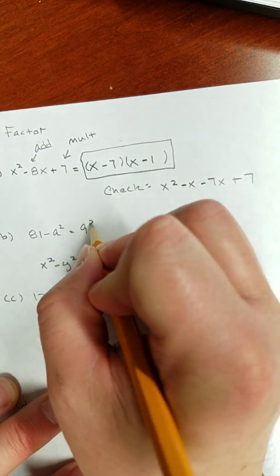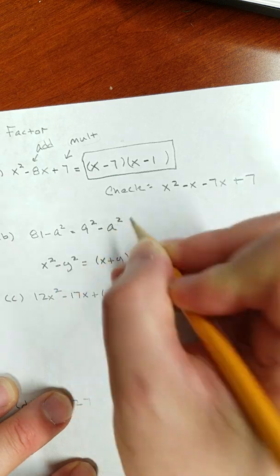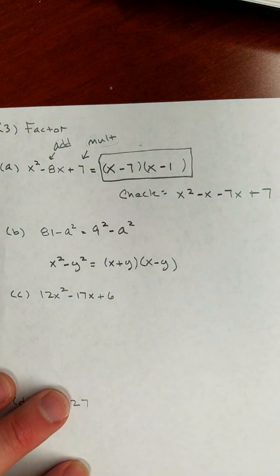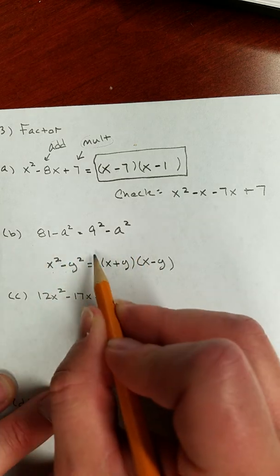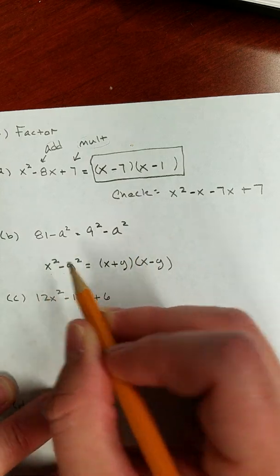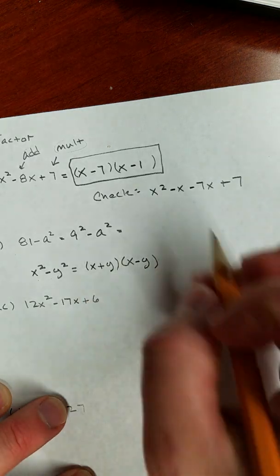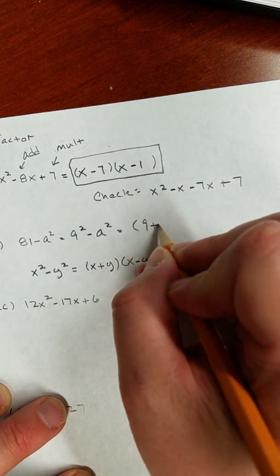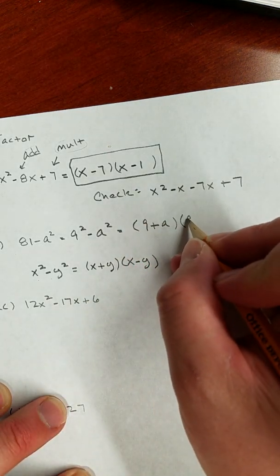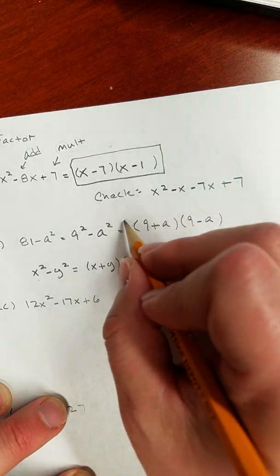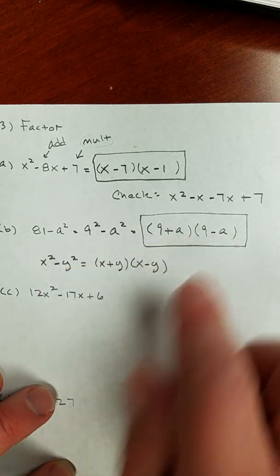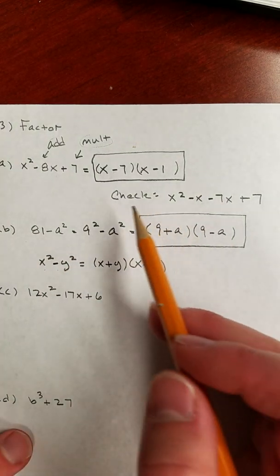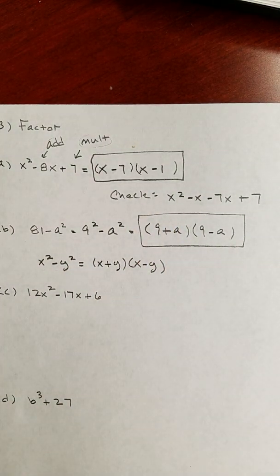Well, this is 9 squared minus a squared. There's your template. So it should factor this way: 9 plus a, 9 minus a. Every now and then we see that kind of thing, and this is how we factor it. You could check this one like you did the other one. Why not?